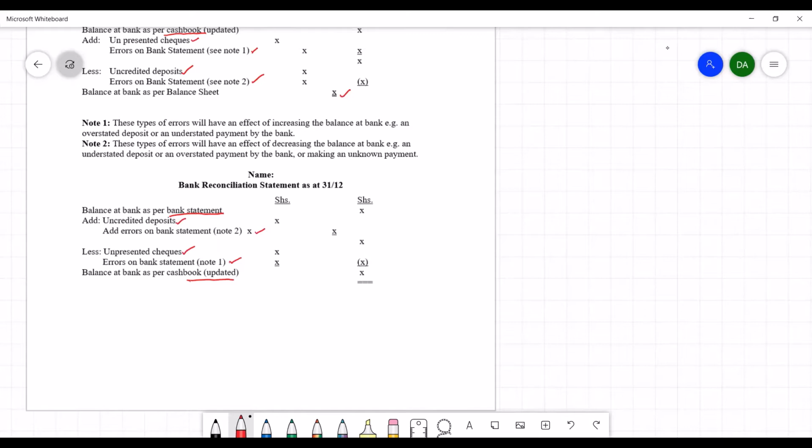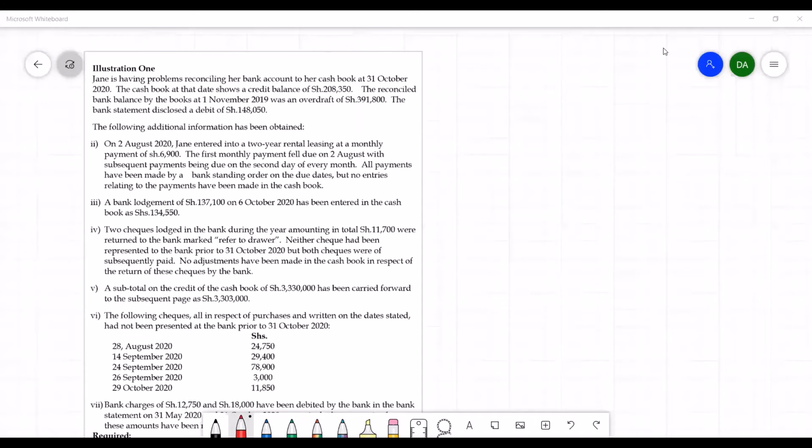To illustrate this, let us look at the following example. Jane is having a problem reconciling her bank account to her cash book at 31st December 2020. The cash book at that date shows a credit balance of 208,350.